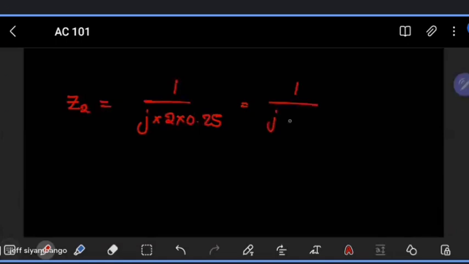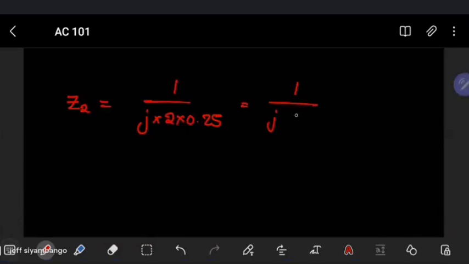So let's bring it here. It's 1 over J, 2 by 0.25. So this becomes 1 over what? 0.5.